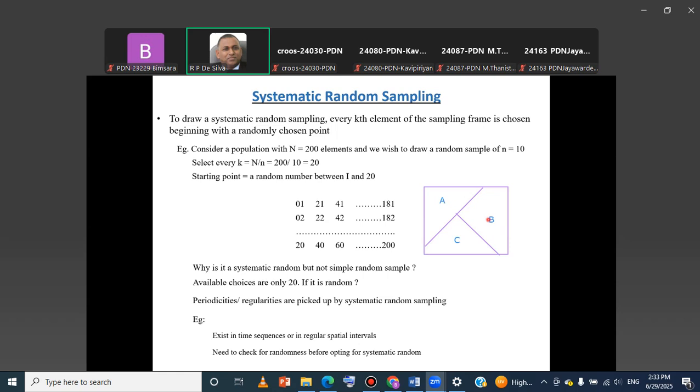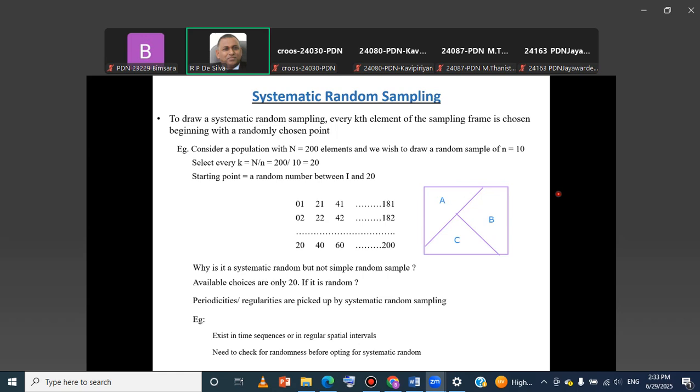When you evaluate, you overestimate the coverage of B compared with A and C. But if you use systematic random sampling, you take one place and then take samples at equally spaced places.